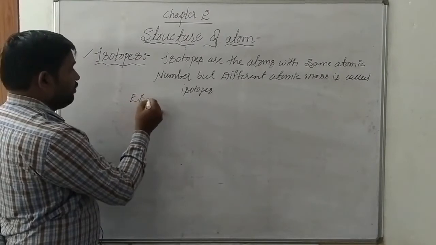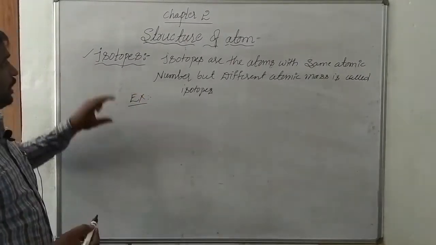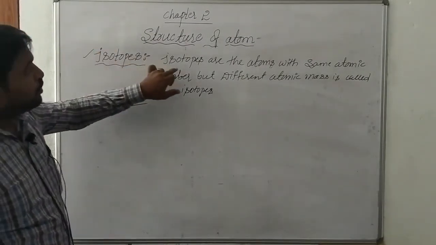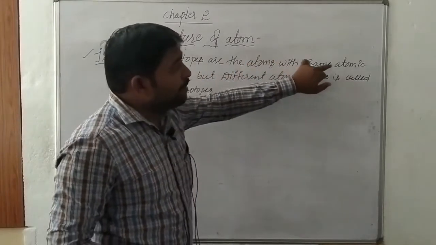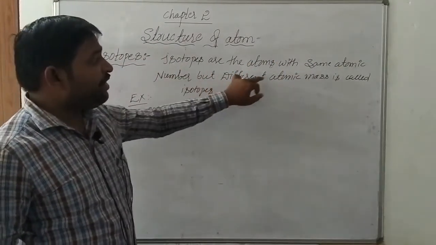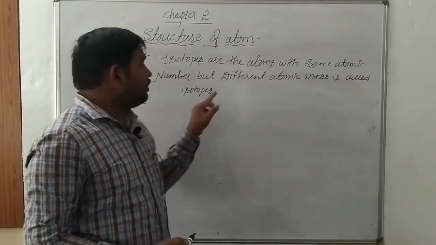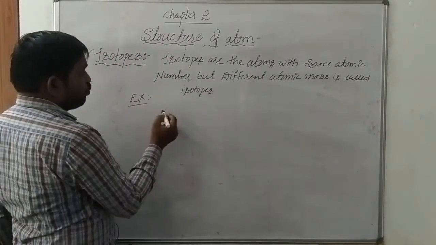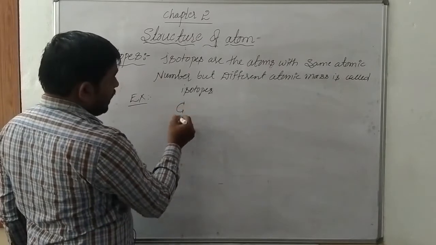For example, how can you show an example for isotopes? Isotopes are atoms with the same atomic number but a different atomic mass. An example for isotopes is the element carbon.